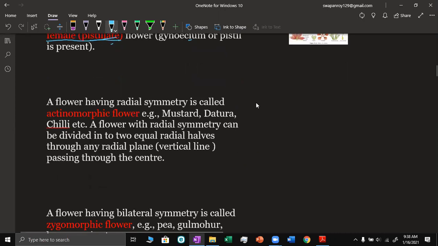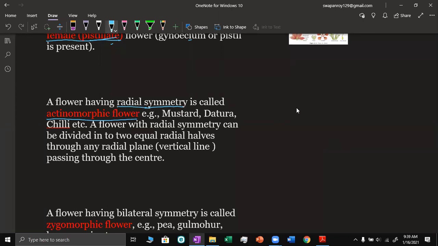Another important point is floral symmetry. Based on the symmetry of the flower, a flower may be actinomorphic, which has a radial symmetry.